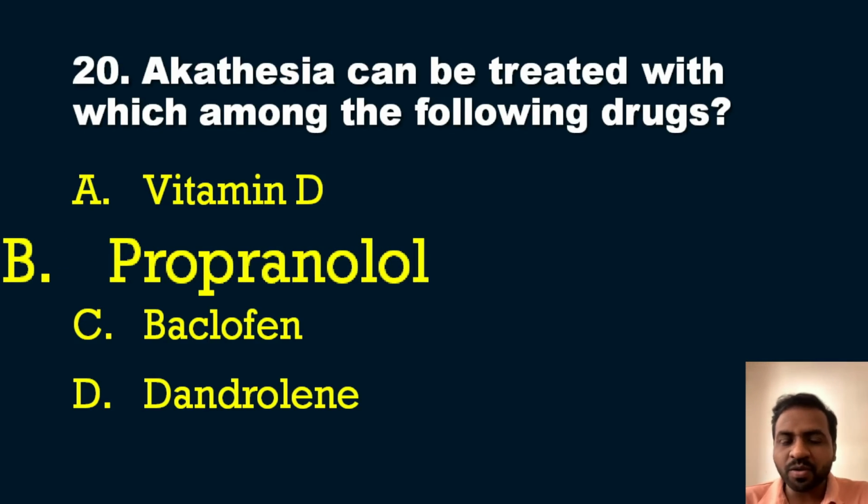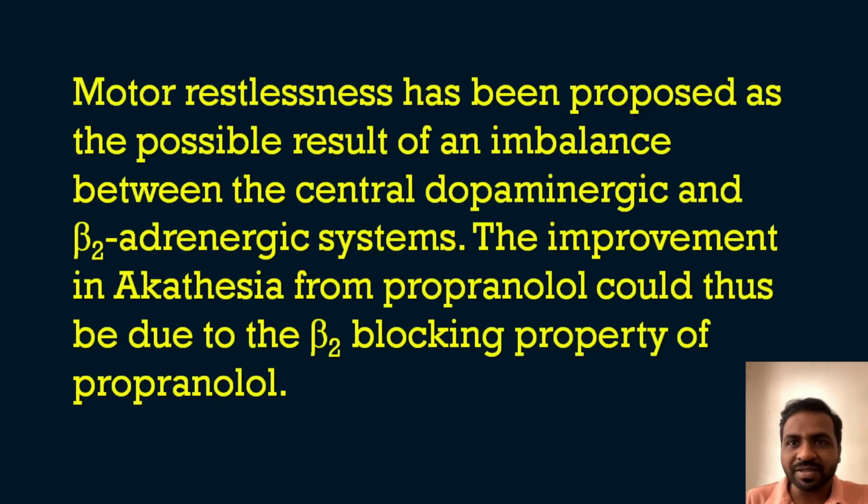Propranolol, as you all know, is a beta blocker, commonly used as an antihypertensive. Then how does it help in reducing akathisia? First of all, we have to find out what akathisia is. Patients with akathisia can't sit or stand still for a time; there will be motor restlessness.